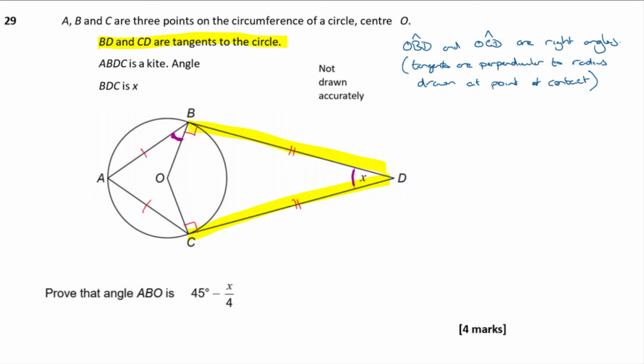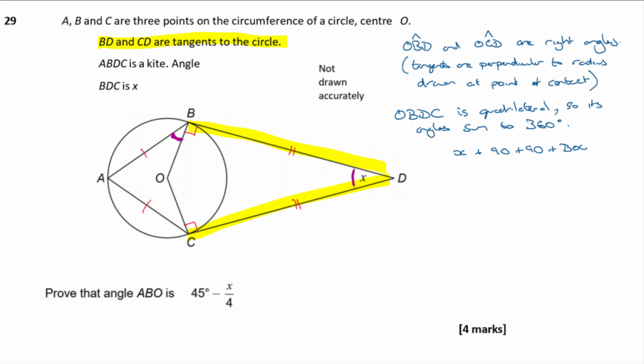So I know that they're right angles, and I know that OBDC is a quadrilateral. So its angles sum to 360 degrees. So I know X, I know 90, but I don't know BOC.